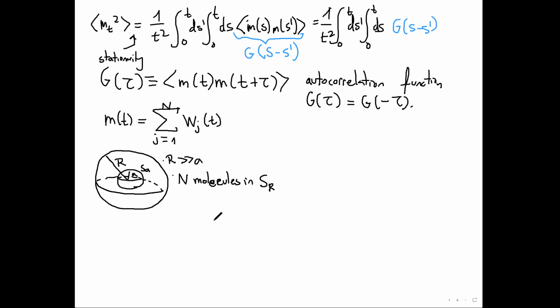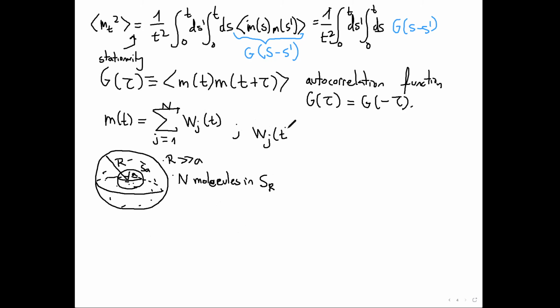There are no creation or destruction of molecules, okay? There's a total number of n molecules, and a fraction of them are inside the small sphere, okay? So this n is the sum over all the molecules, also including those that could be out of our sphere, okay? So what is Wj(t) is the following.